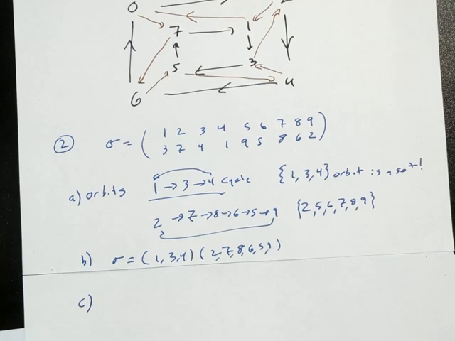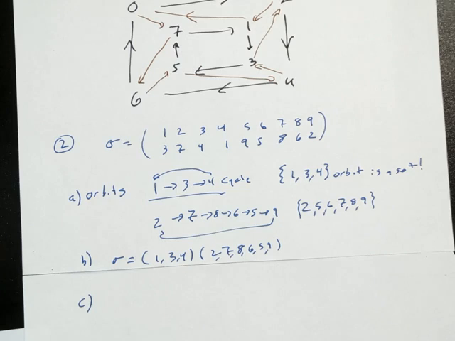Turn those into transpositions. Each cycle becomes a set of pair flips. And there are 2 different ways to do this, depending on which version of the decomposition you want.